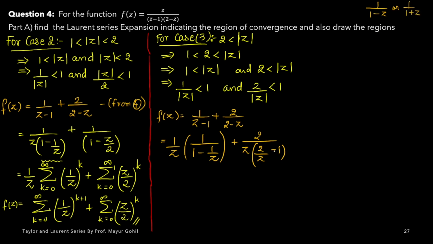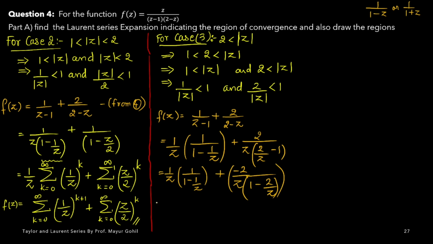So we take the minus sign also common, so here it is 1 upon z and plus, we take minus sign common, then it will become minus of 2 upon z times 1 minus 2 by z. Okay, this is what we will get.